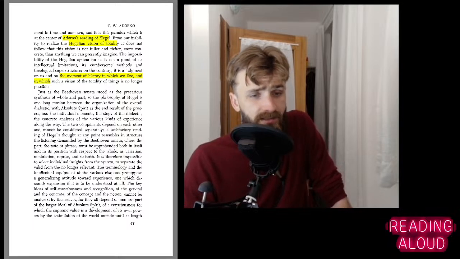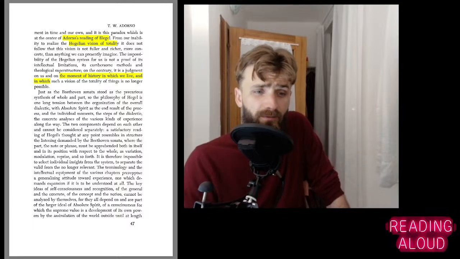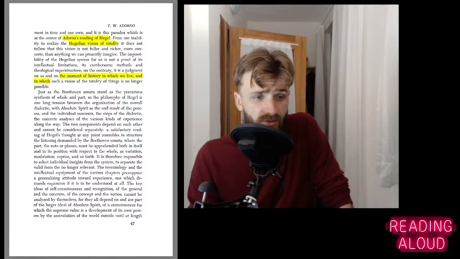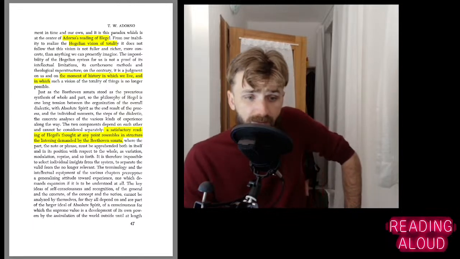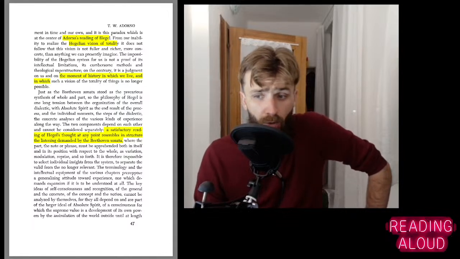The two components depend on each other and cannot be considered separately. A satisfactory reading of Hegel's thought at any point resembles in structure the listening demanded by the Beethoven sonata, where the part, the note or the phrase must be apprehended both in itself and in its position with respect to the whole, as variation, modulation, reprise, and so forth.